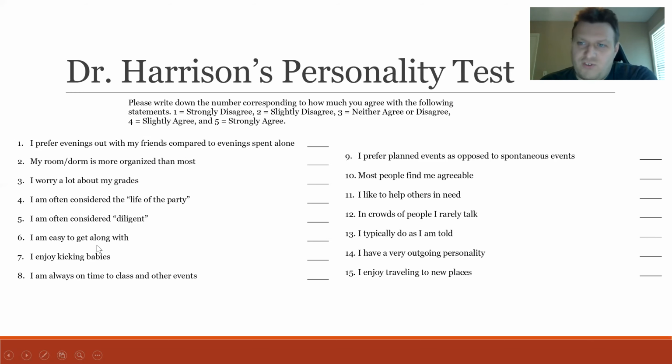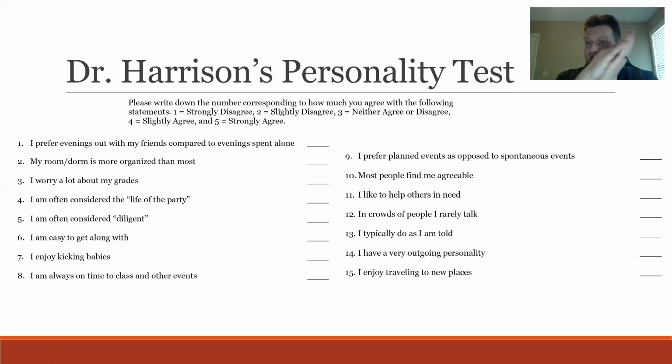Does this question measure a real dimension in personality? Maybe, right? You have to be very, very low in agreeableness to say that you enjoy kicking babies, because it's a very mean thing to do. All right, but if everybody strongly disagrees with I enjoy kicking babies, then this question is going to appear not to be related to anything in personality, because again, there's no variance.